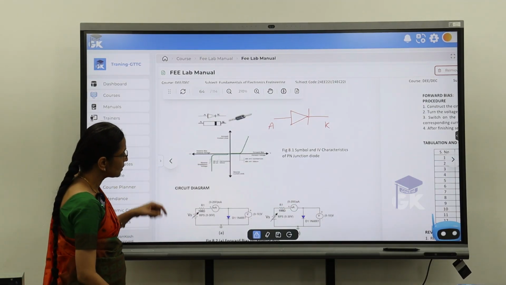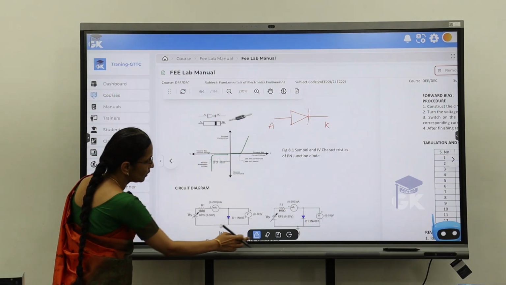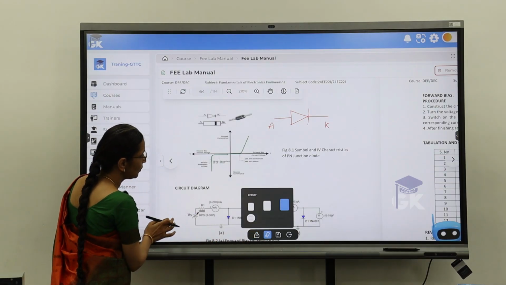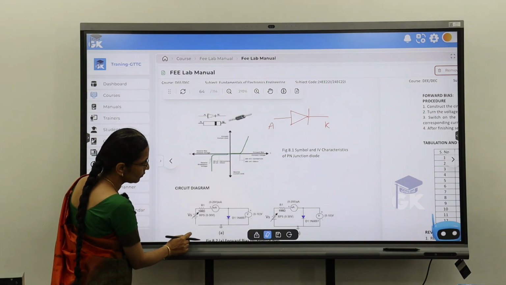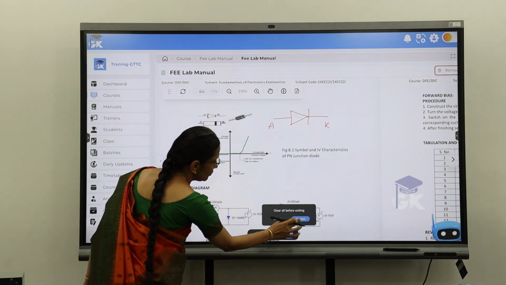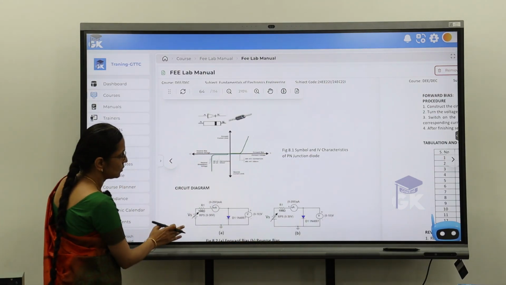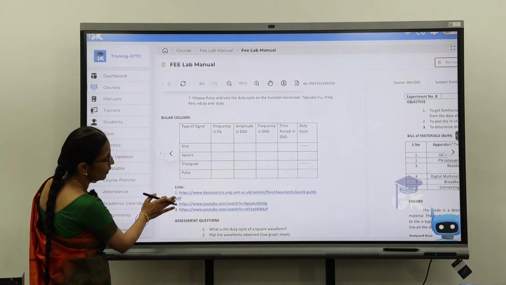Now coming to the circuit, this is the circuit that you will be asking your students to build.